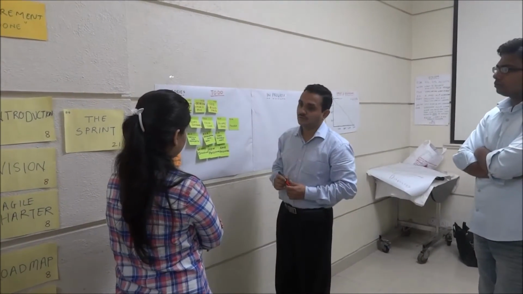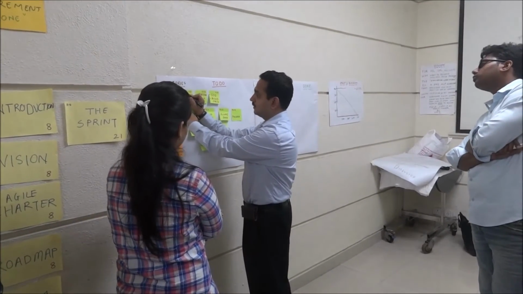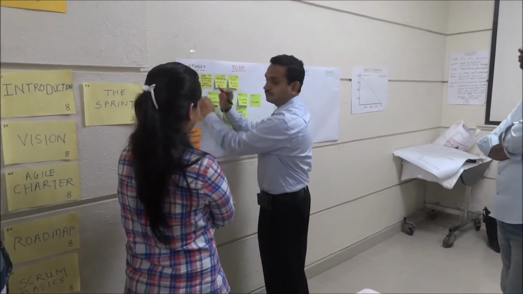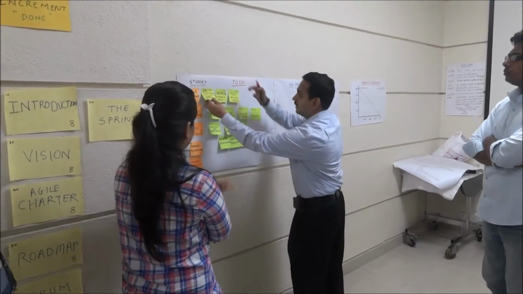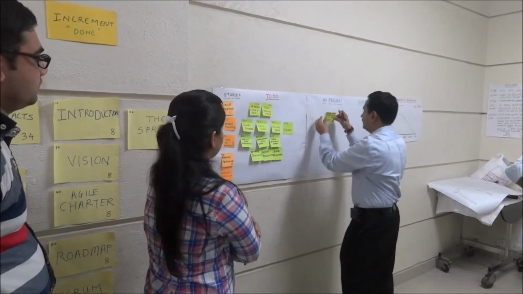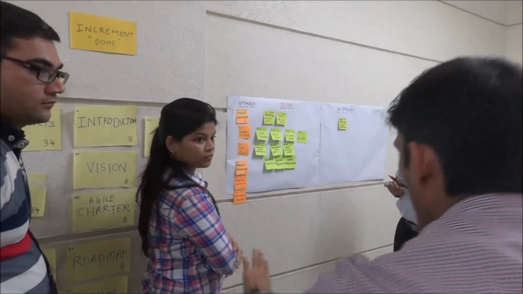I will need 5 hours to do this. So I will say 5 hours and I will put my name on it, and I will take this task for execution. Neha is going to execute this particular task.